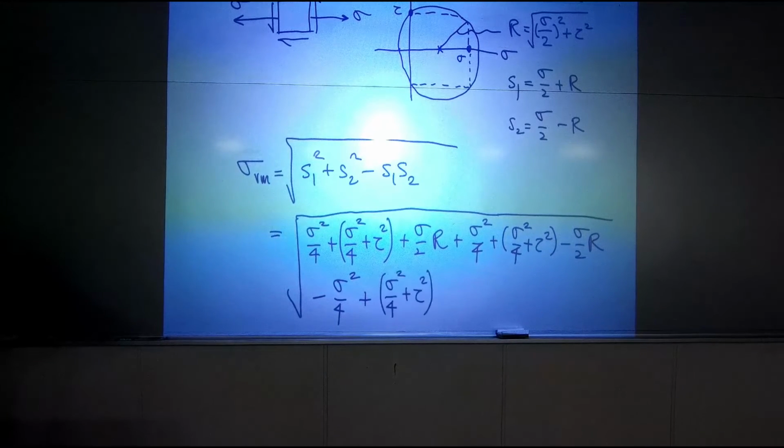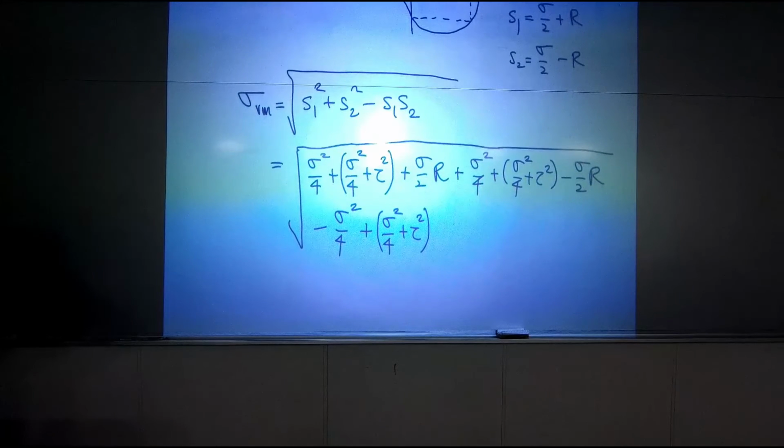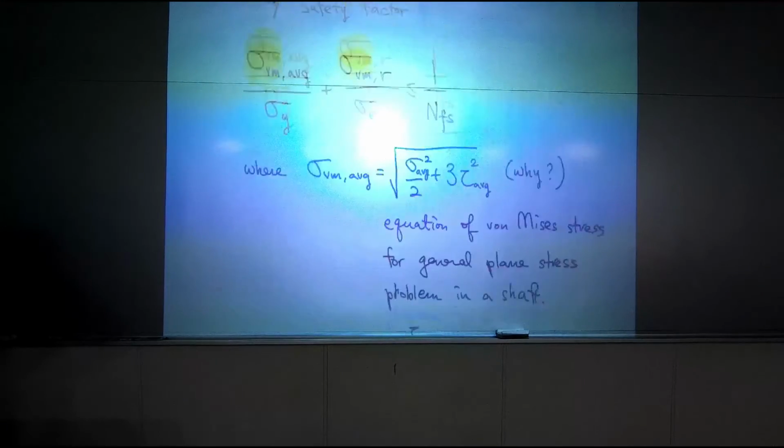Copy and paste. R squared is this guy. Okay, and then you can get rid of this and this. Get rid of this. Okay? Now let's see how it looks. Oh, my equation was wrong. Sorry.